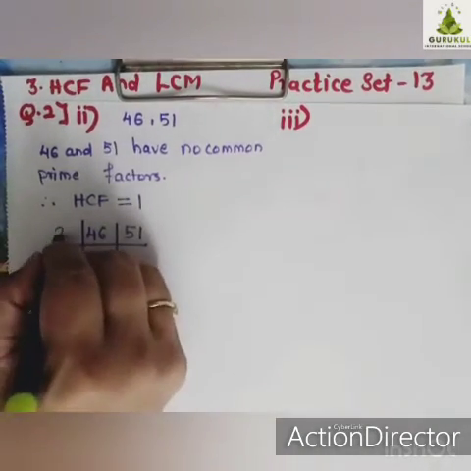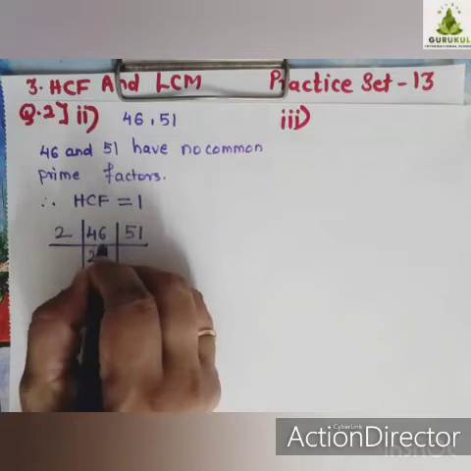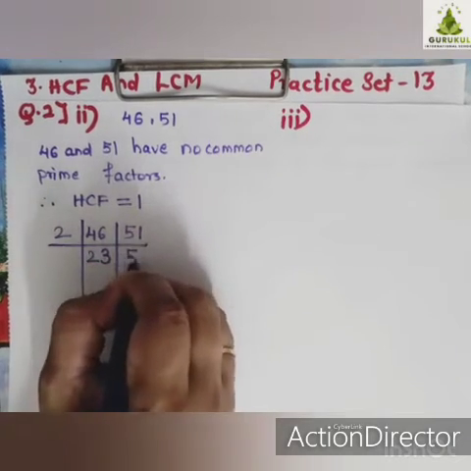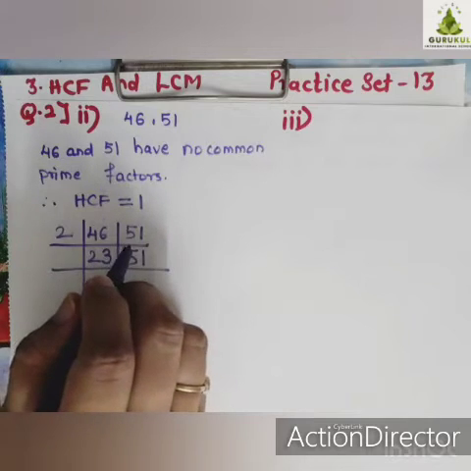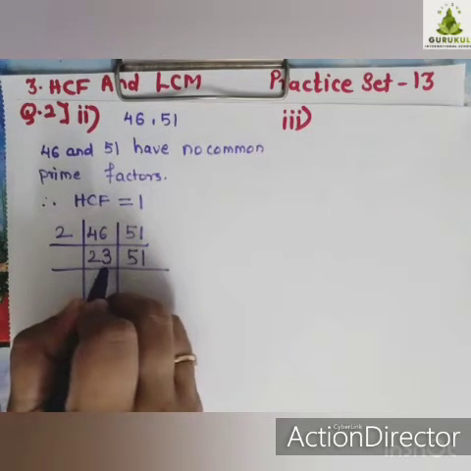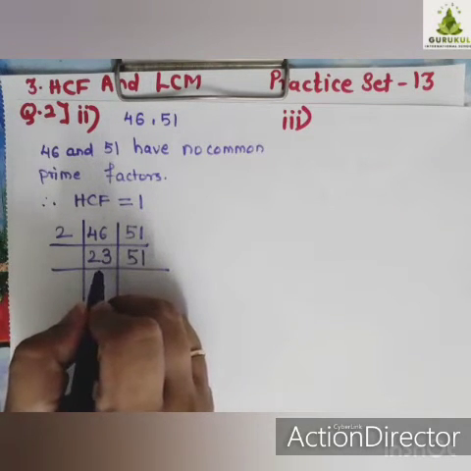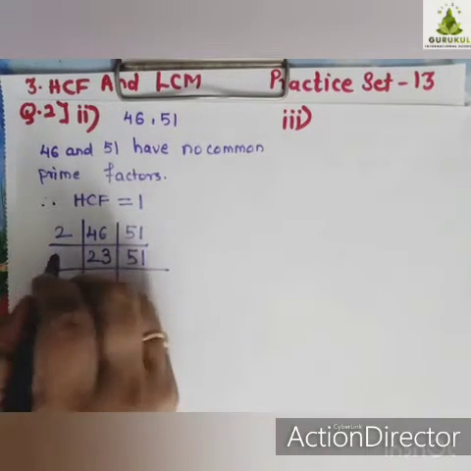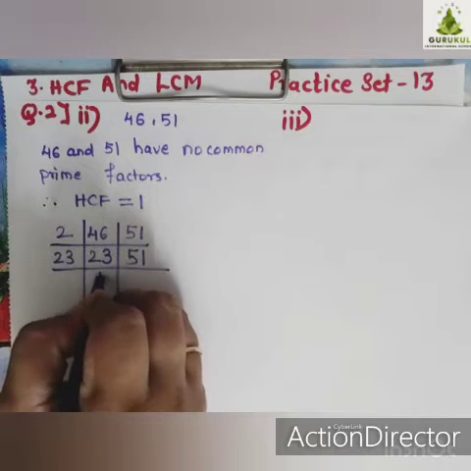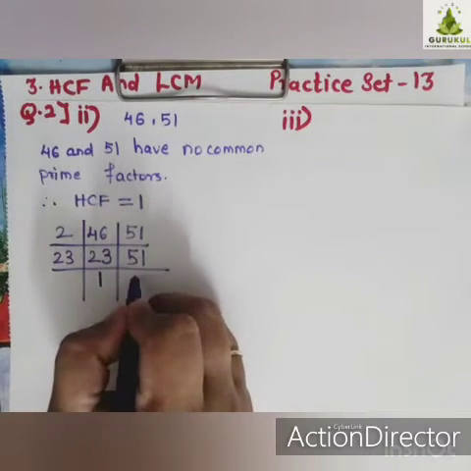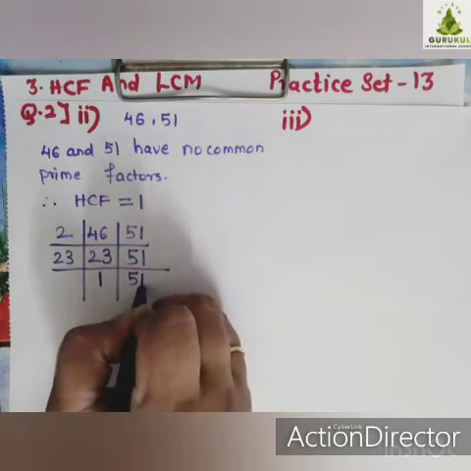First I will start division by 2. 2 2s are 4, 2 3s are 6, 51 as it is. Now here 23. Now 23 is a prime number. You don't have any other number which can divide 23. So I will write here 23 ones are 23 and here 51 will be as it is.